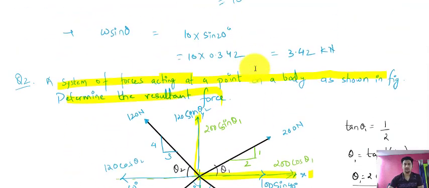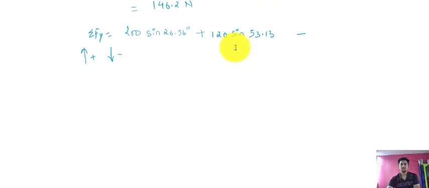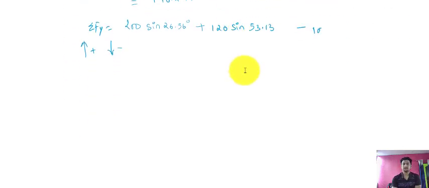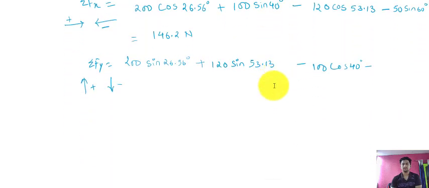The other two forces are negative as they are going downward: 100 cos 40 degree, minus 50 cos 60 degree. After solving this equation, you will get the value as 65.5 Newton. Now you have calculated the forces in x direction and y direction.